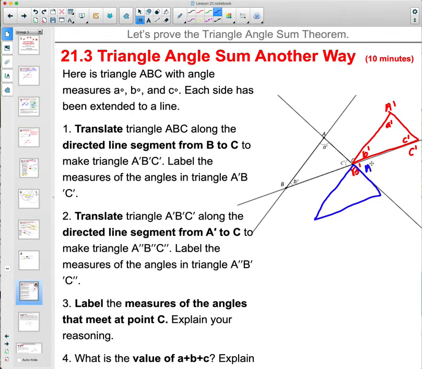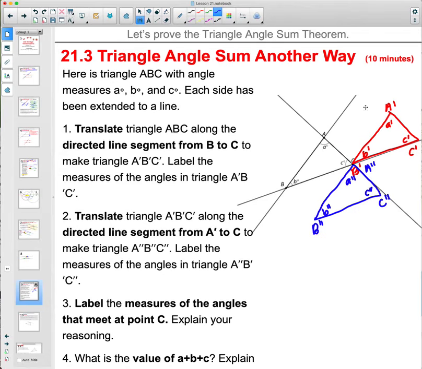So A double prime, B double prime, C double prime. And then label your angles in here again. So this would be A double prime, B double prime, C double prime.